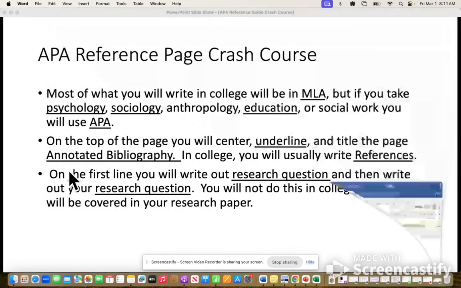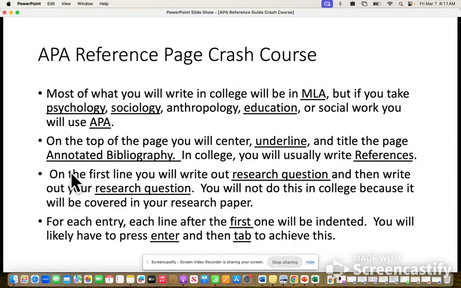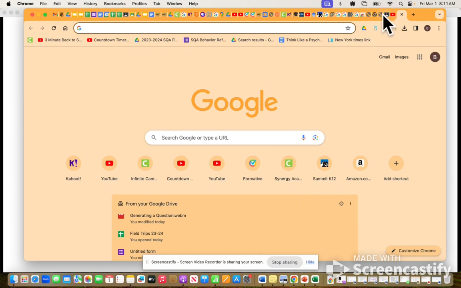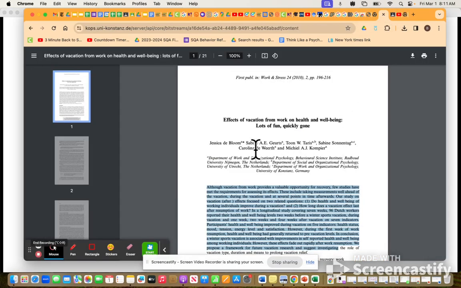Okay. All right. Next. For each entry, each line after the first one will be indented. You will likely have to press enter and then tab to achieve this. So let me just put it this way.